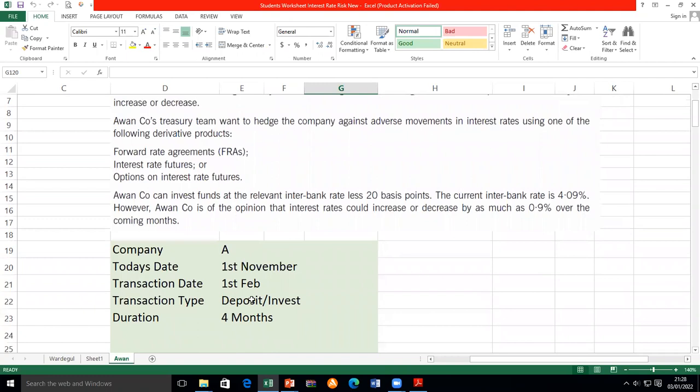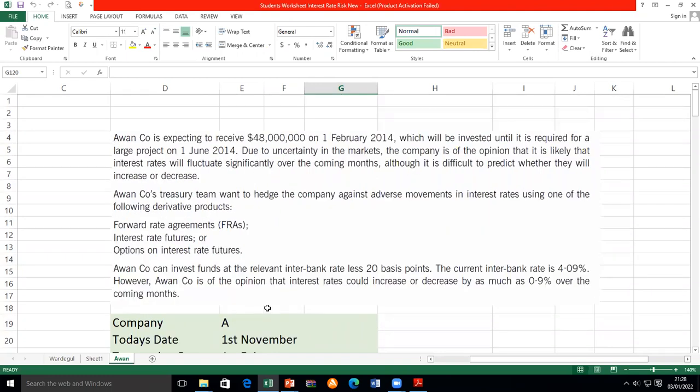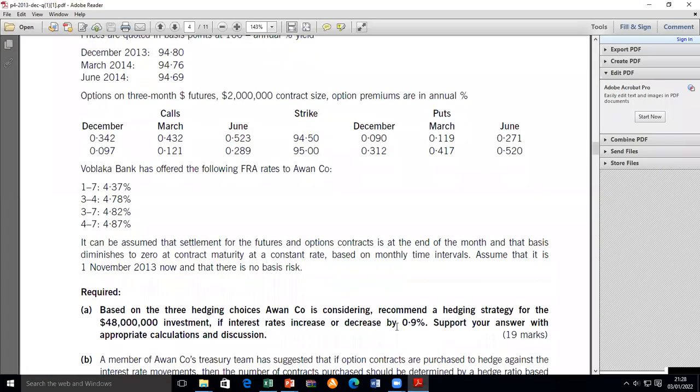What of 1st November? Where did the 1st November come from? We go back to the question. Assume that it is 1st November 2013 now. So that's where this has come from. That assumption there.